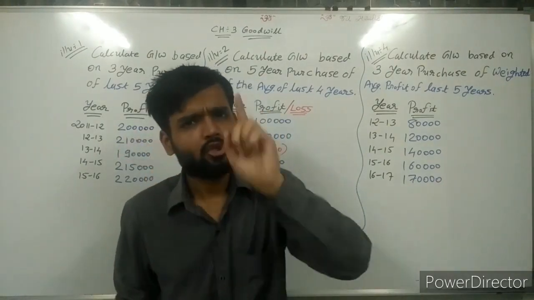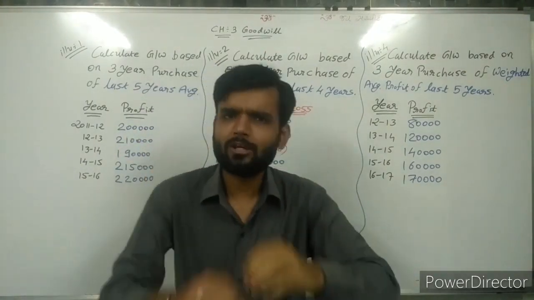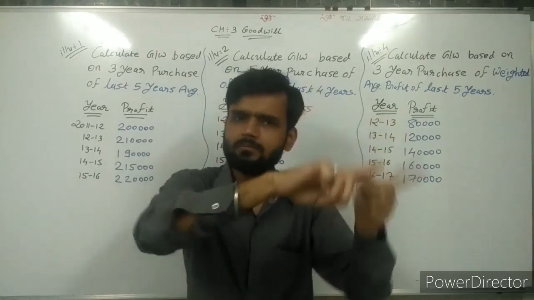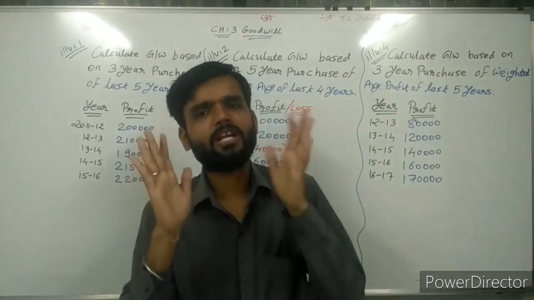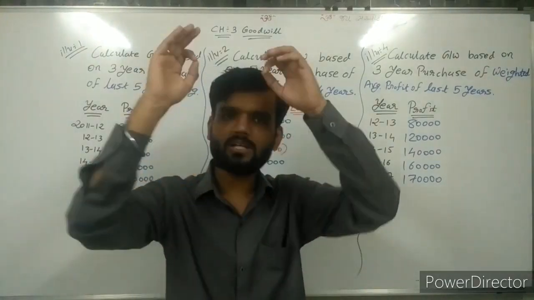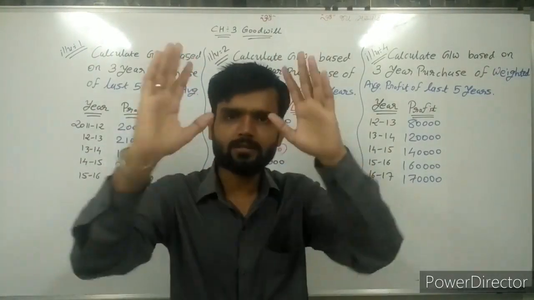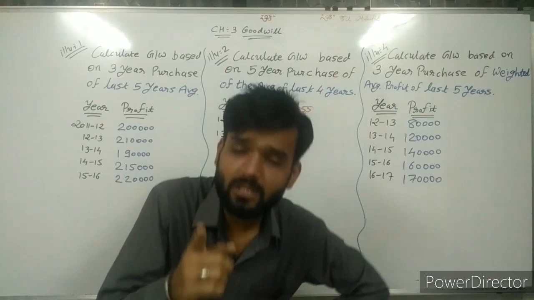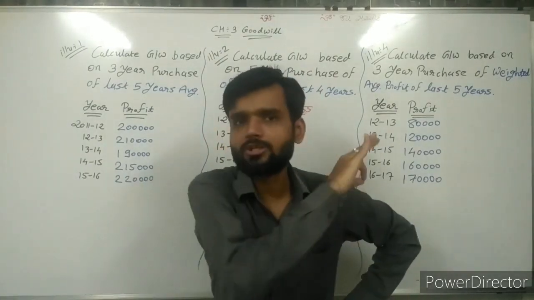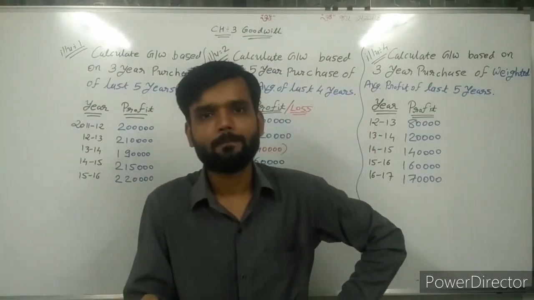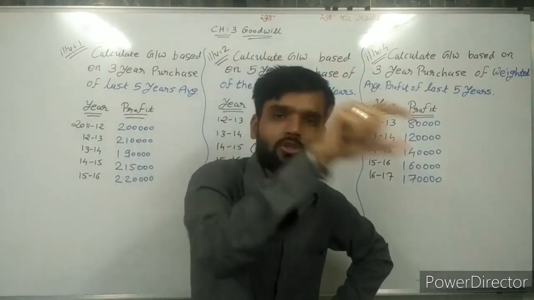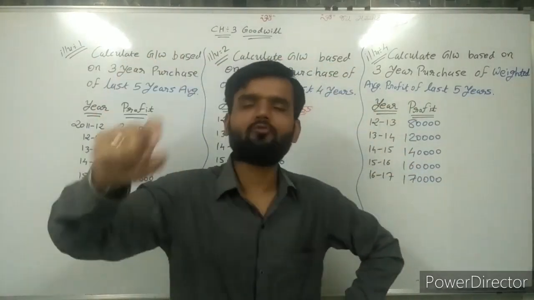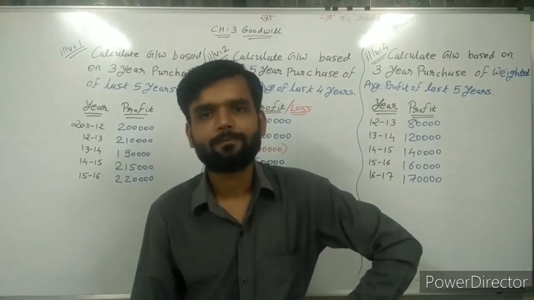If it clearly says to use the weighted average method, find it by the weighted average method. Whatever method is given to you, you follow it. But if the information is not available, use the appropriate method to find goodwill.